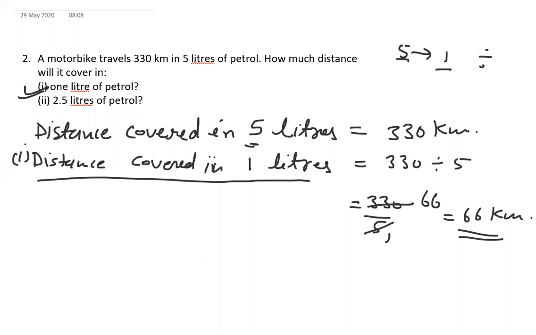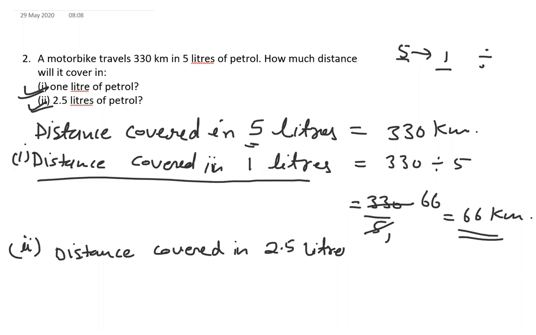Then in 2.5 liters of petrol, you have to tell the distance. The distance covered in 2.5 liters is equal to, distance in 1 liter is 66.